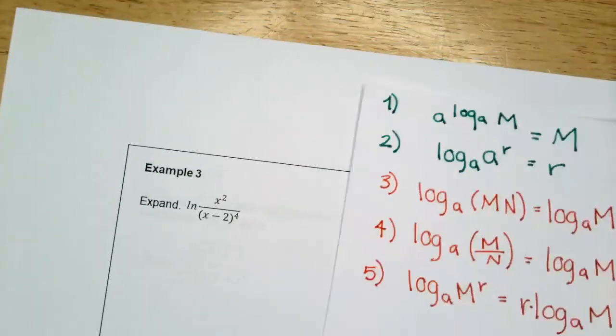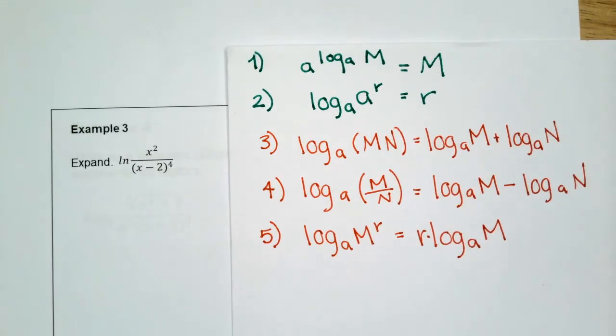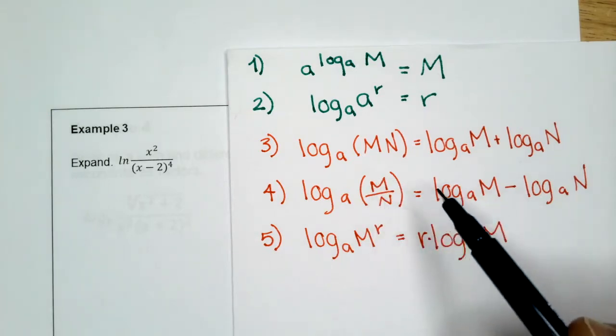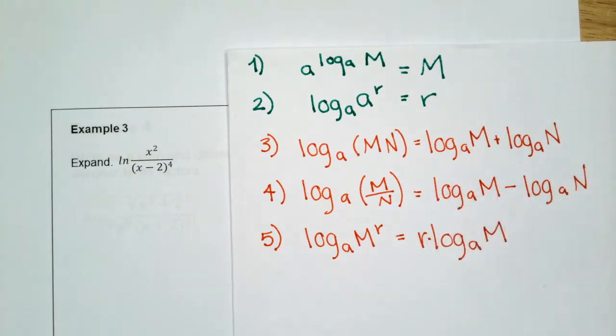All right, example 3, and here's our information. So for example 3, I have the natural log, which is just log base e, right, of a fraction. We have a rule for a log of a fraction. A log of a fraction, log a of m over n, can be rewritten as a subtraction or a difference, log a of m minus log a of n, right?